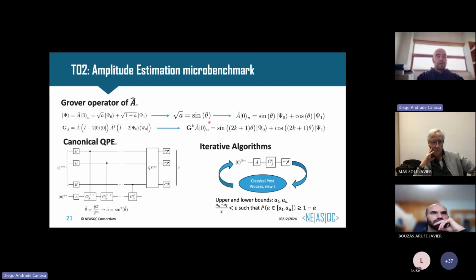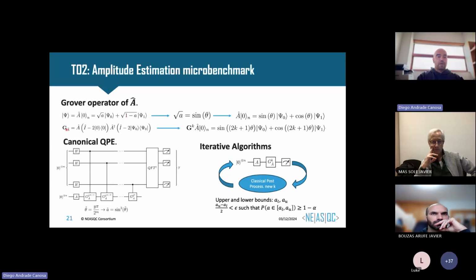So this is a more formal definition of the kernel. We are supposed to have a unitary operator that creates a state psi 0 with a given probability that can be easily quantified. And in the complementary situation, it is going to produce not that state, but another state.